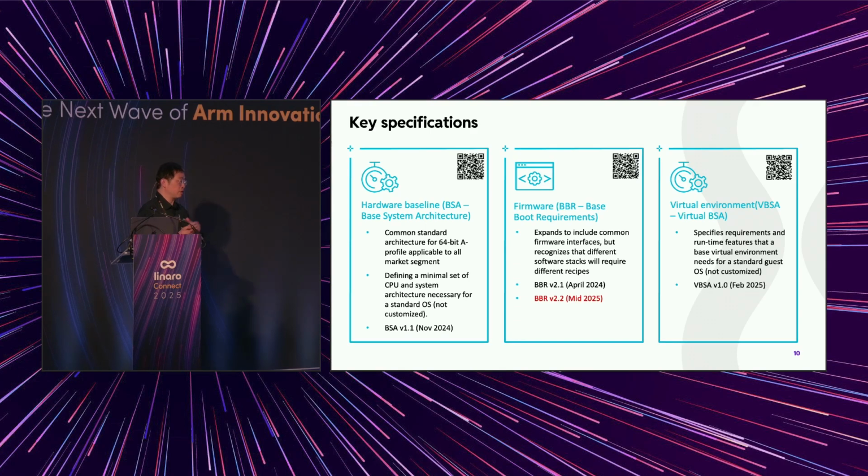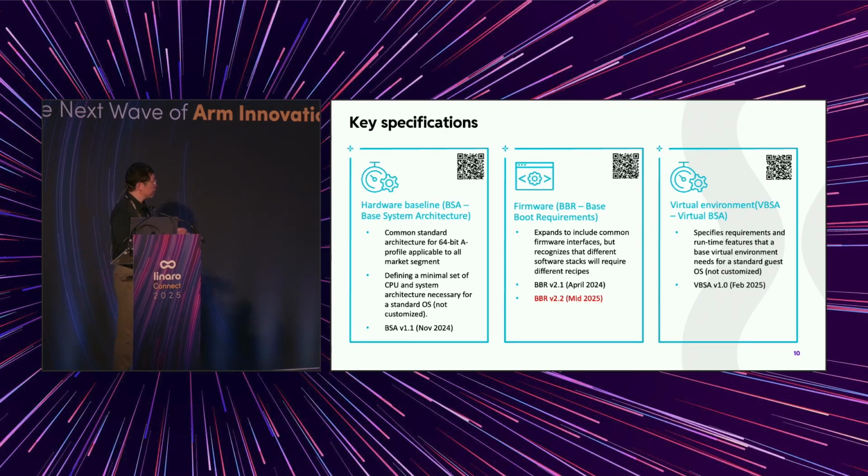You can either use the device tree or you can use the ACPI. But if you don't follow this BSA, then you can't use the ACPI, and you wouldn't be able to run the OSes that require ACPI. So BSA is very important as a foundation.